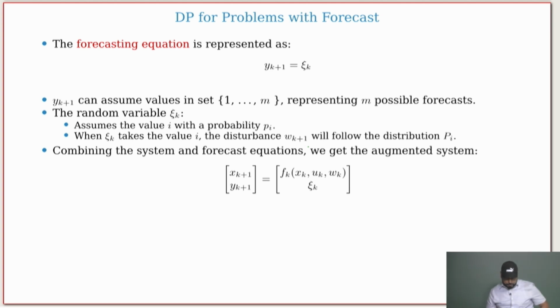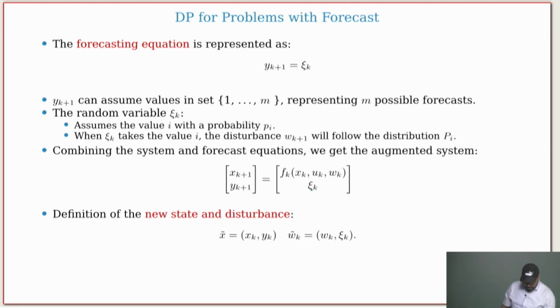So then, combining the system and the forecast equation, we get this augmented system. xk+1 is fk(xk, uk), and our forecast is given by jk. Obviously the forecast will also decide the control that I'm going to take. We can combine x tilde as (xk, yk), and we can also combine wk tilde as (wk, jk).